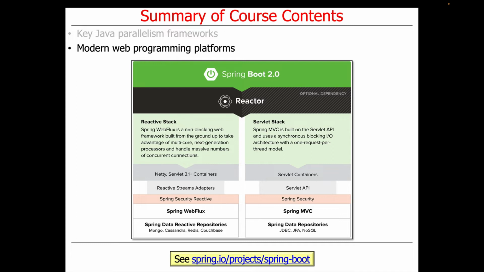You'll also see there's something called a reactive stack, which supports non-blocking asynchronous communication using something called Project Reactor, which is a Java implementation of the reactive streams paradigm. The reactive stack is often known as Spring WebFlux, and you'll get a chance to play around with both.